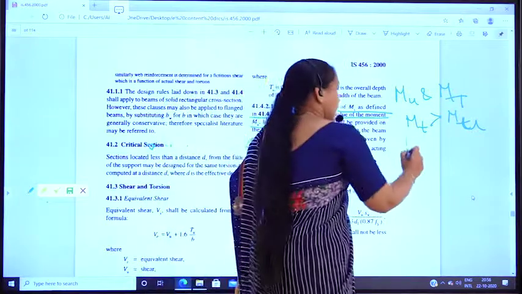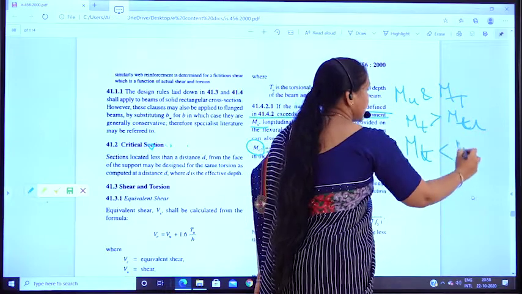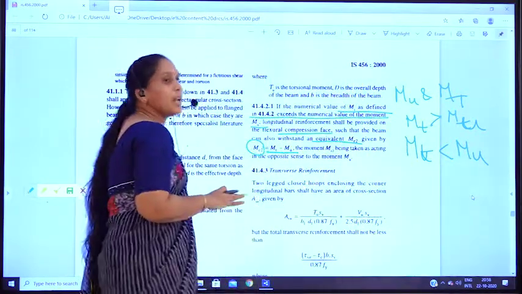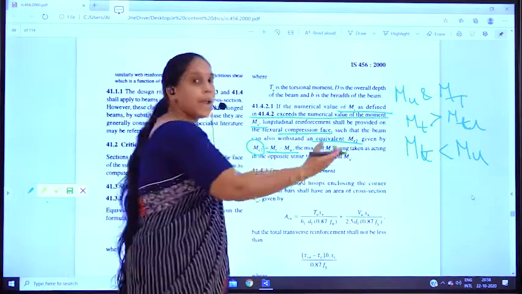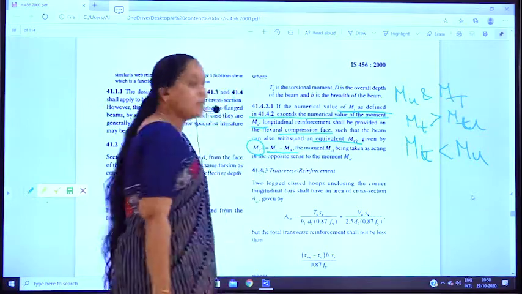The other condition is, if MT is less than MU, then the normal tension reinforcement can be provided. So if MT is greater than MU, then only we have to provide the additional reinforcement in the compression zone.